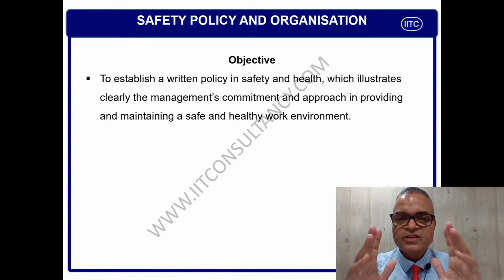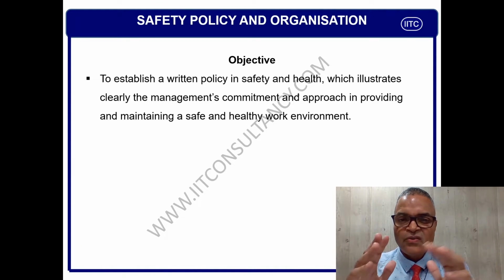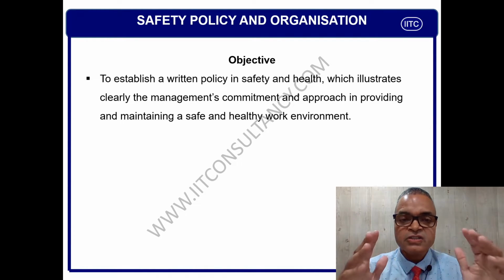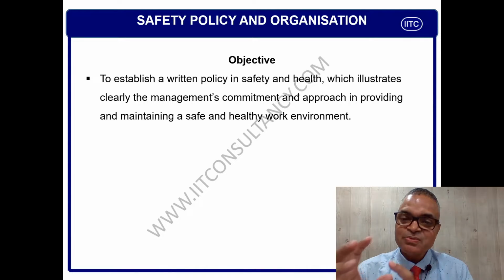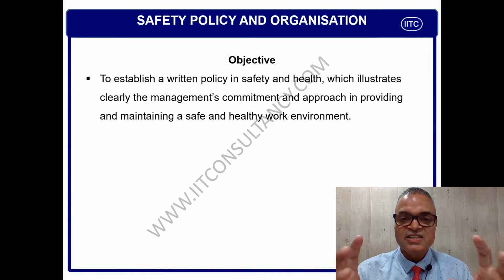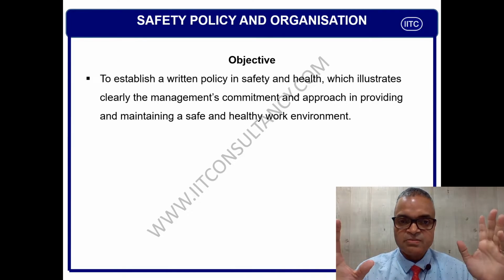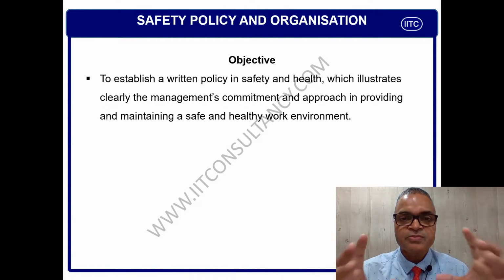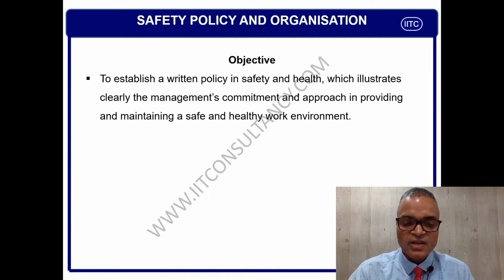This means the written policy in health and safety will let us know what the management commitment is and the extent of it, and this will ensure that the company is providing a safe and healthy work environment for everyone, from bottom management to top management, from CEO to peon. Everyone must be given a safe and healthy working environment. This is the objective of safety policy. Okay guys, now let us go to the next.